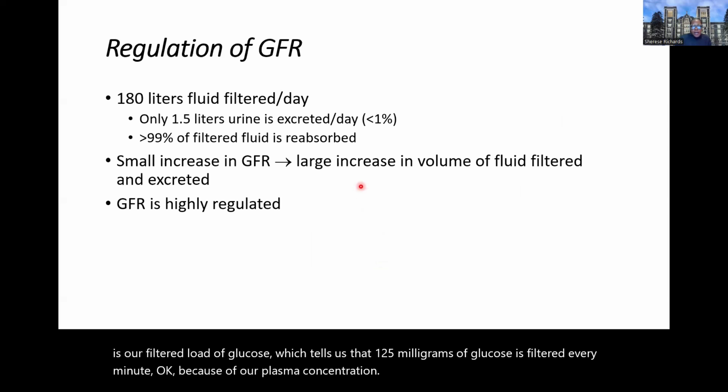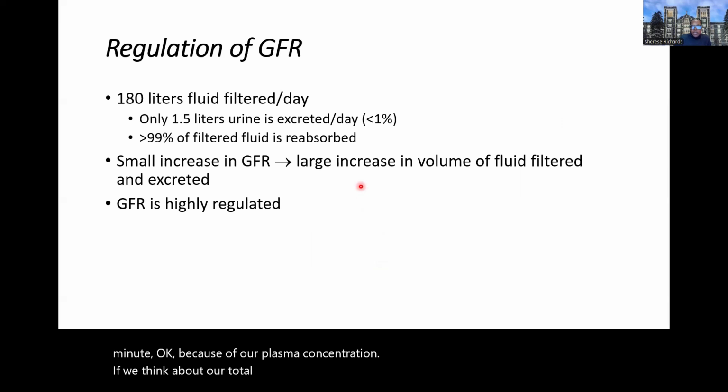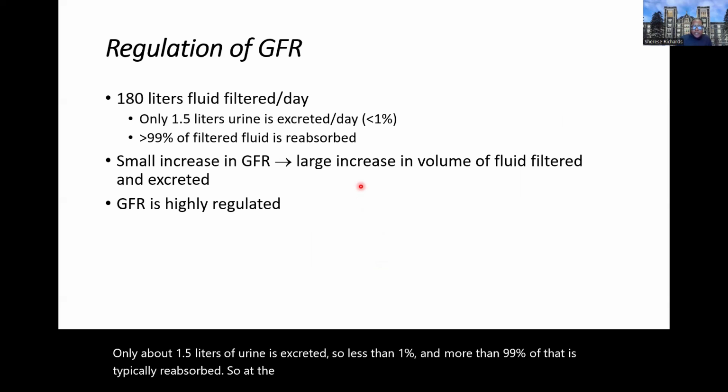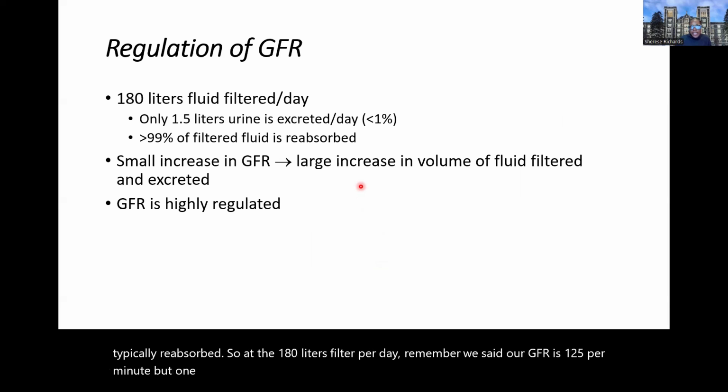If we think about our total amount of fluid filtered per day, only about 1.5 liters of urine is excreted, so less than 1%. And more than 99% of that is typically reabsorbed. So of the 180 liters filtered per day, remember we said our GFR is 125 per minute, but 180 liters per day.